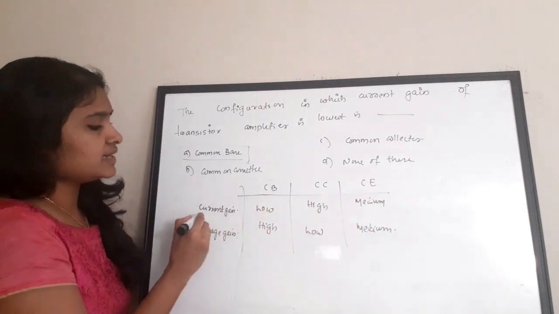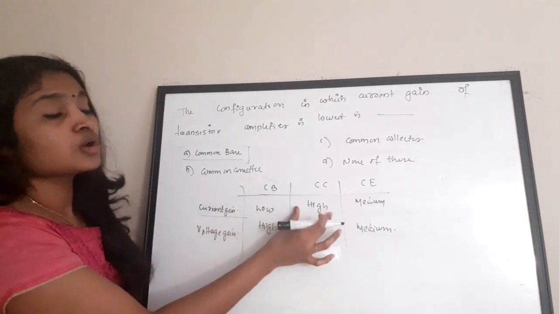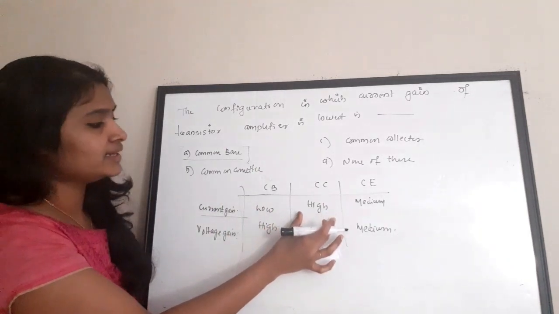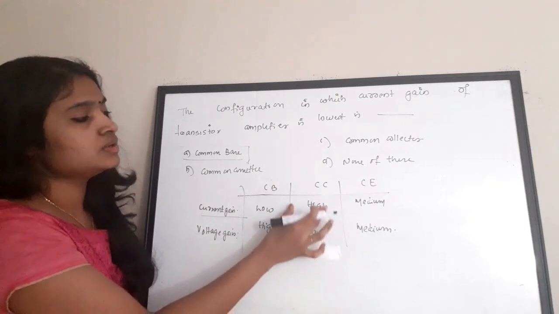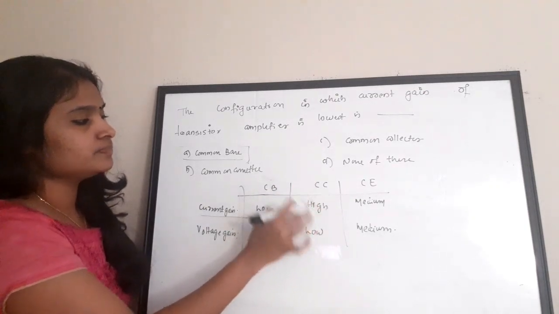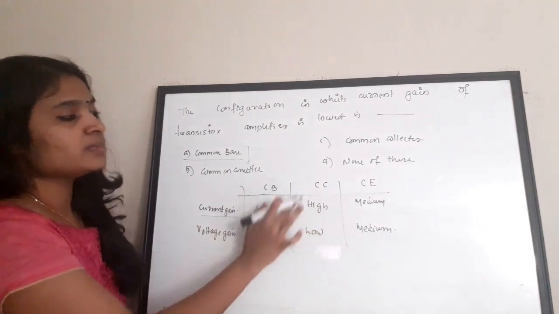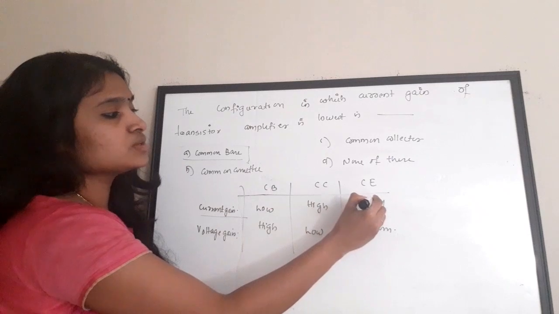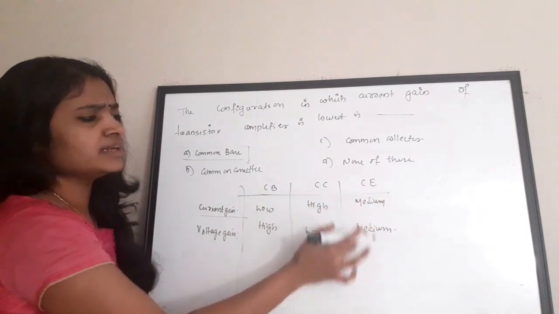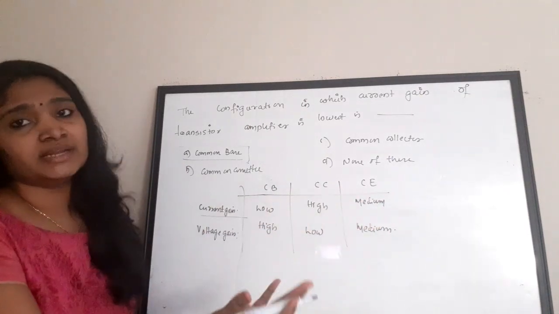If you see, the current gain is highest for common collector, and if current gain is high, the voltage gain should be low. So current gain is highest for common collector, low for common base and medium for common emitter. For common emitter, current gain and also voltage gain are only medium.